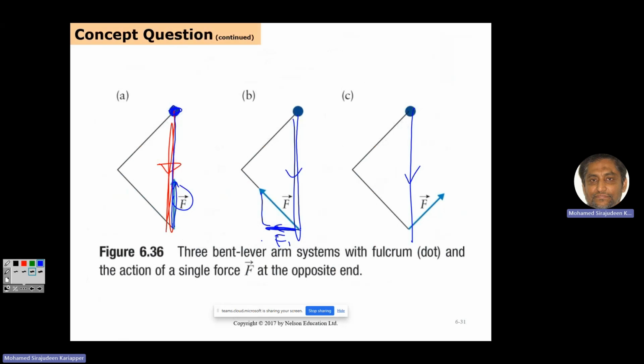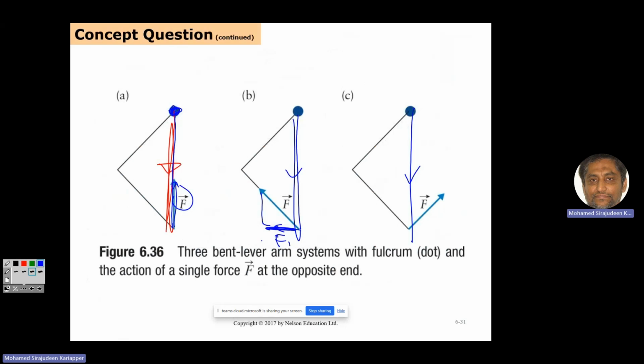The direction of R. R is a vector. The definition of R is that you start from where you want to take the torque. He is telling the torque about the fulcrum, the black dot.